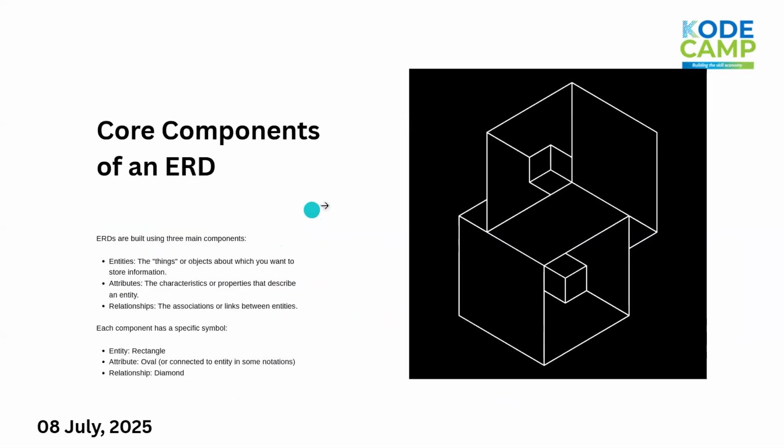Sure, good. Okay, so core components of an ERD. What are the components of an ERD? First, we have the entities. These are the main things we are interested in. We have the attributes, the characteristics or details that describe each of those things: that describe the student, the course, the classroom, which are all entities, right?